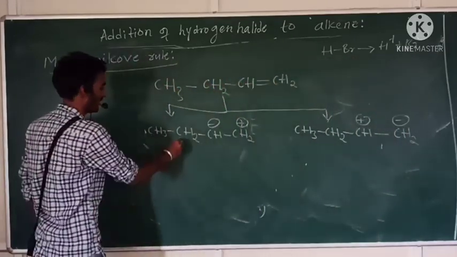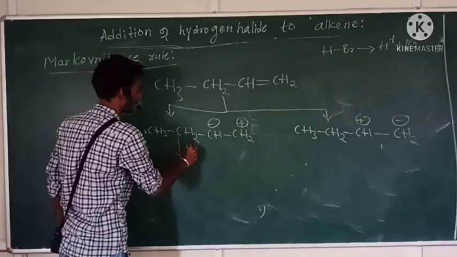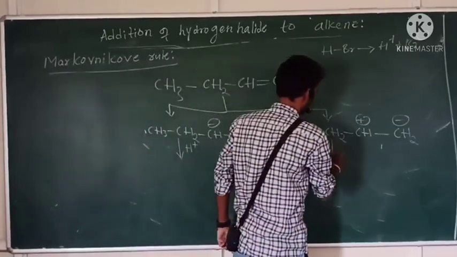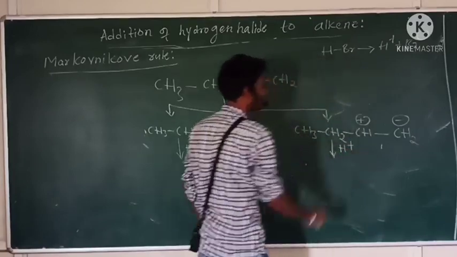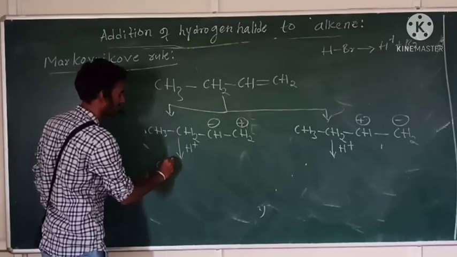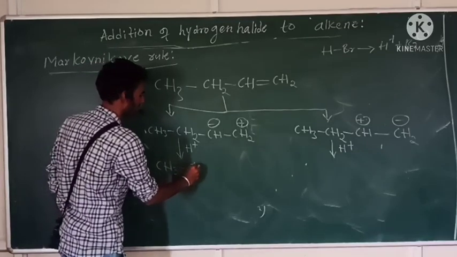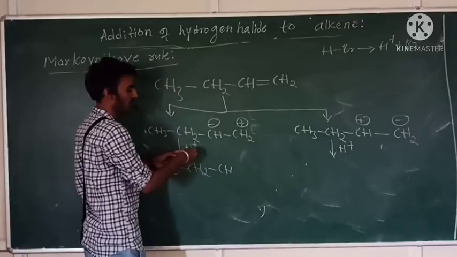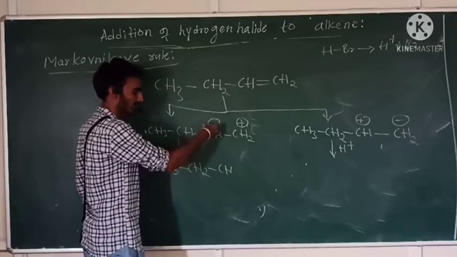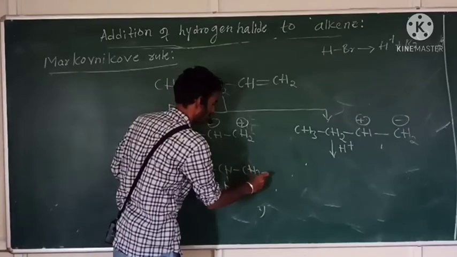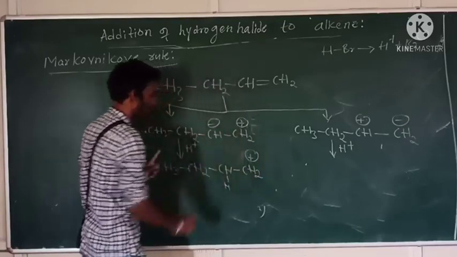Next, addition of the electrophile towards the negative charge. It forms two carbocation intermediates. H plus is added to this side because plus is added to minus, giving CH3 CH2 CH2 CH2 positive.